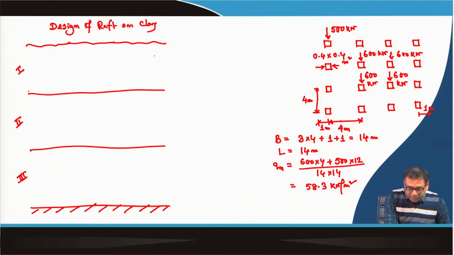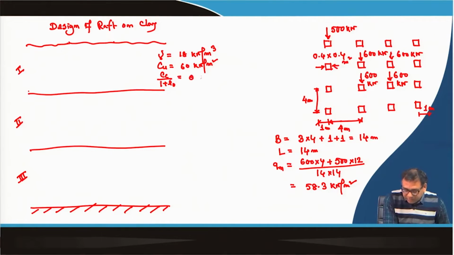And the properties of the first layer are given. The unit weight is 18 kilonewton per meter cube. Then Cu, undrained cohesion, is 60 kilonewton per meter square. Then Cc over 1 plus e0 is 0.08 for the first layer, and Es value, elastic modulus.